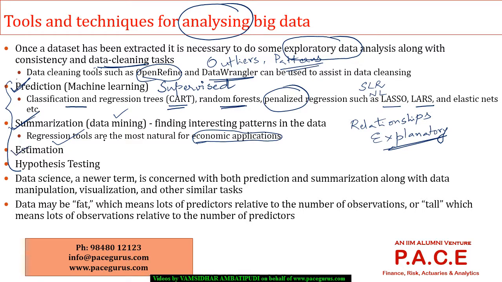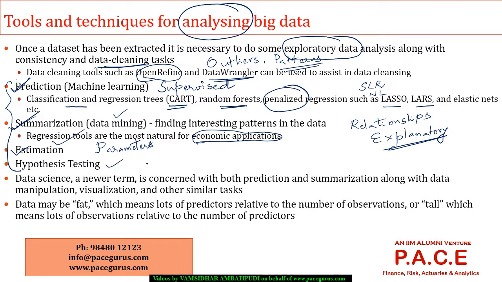I want to estimate the parameters, so there is an estimation exercise that can be done. I want to estimate the mean of something. I want to estimate the standard deviation of something. That is what we do in the estimation.